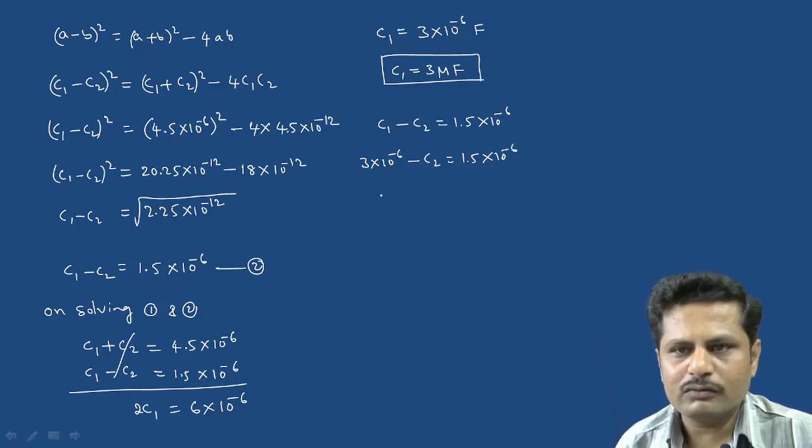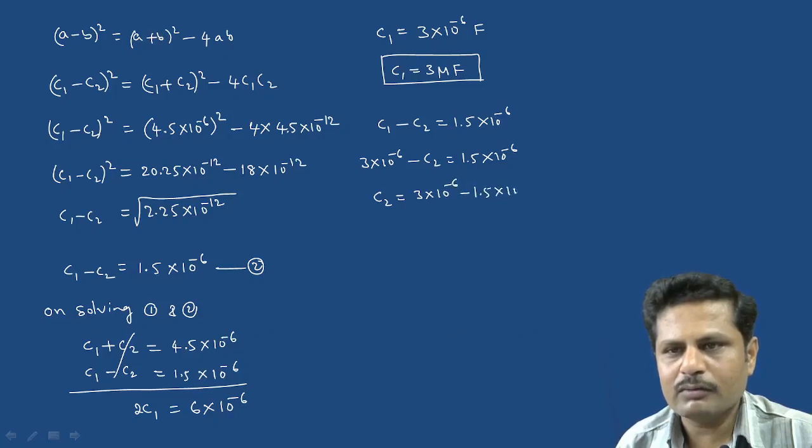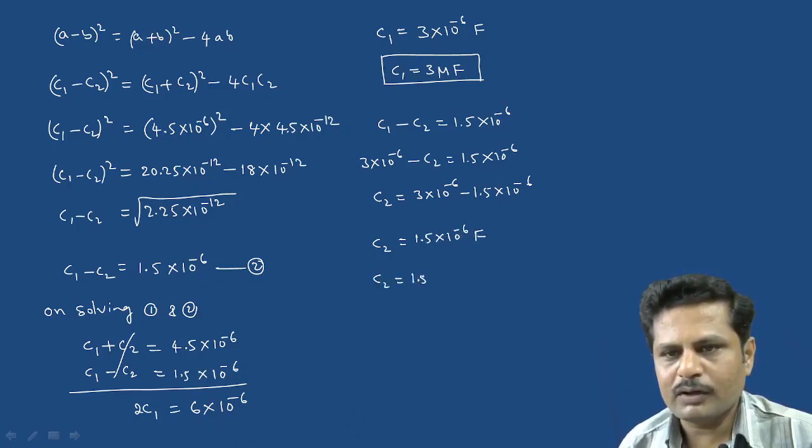Therefore C2 equals 3 into 10 raised to minus 6 minus 1.5 into 10 raised to minus 6, so C2 equals 1.5 times 10 raised to minus 6 farad, that is C2 equals 1.5 microfarad.